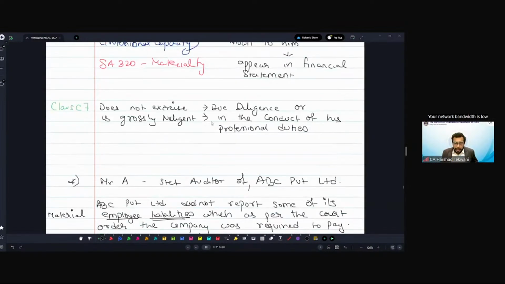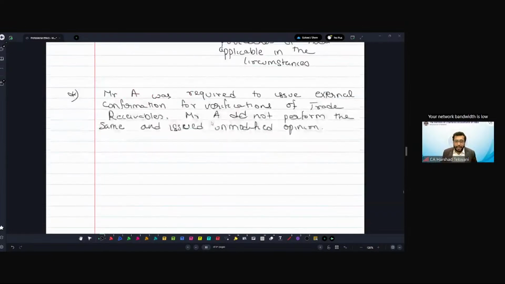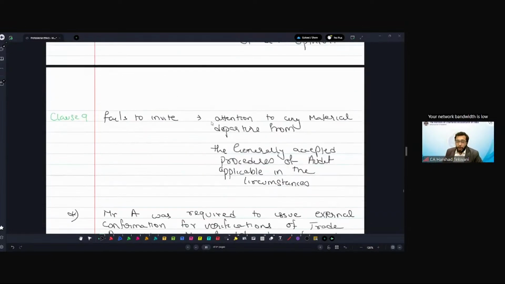Now, the other part that I want to discuss here is generally accepted procedures of audit. Whether it will cover only SAs, or whether it will cover SQC, or whether it will cover guidance notes also, what it will cover.